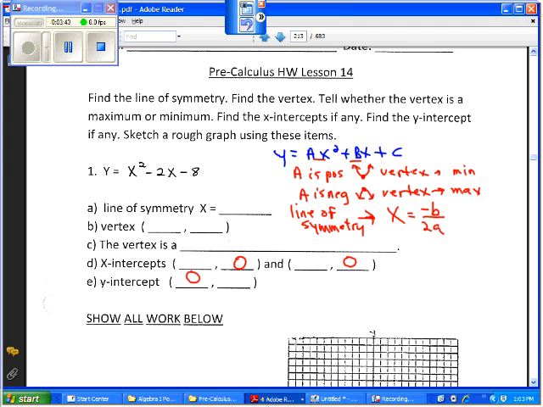So we need to know that standard form is ax squared plus bx plus c. If a is positive, it opens up and the vertex is a minimum. If a is negative, it opens down and the vertex is a maximum. The formula for the line of symmetry is x is equal to the opposite of b over 2a.